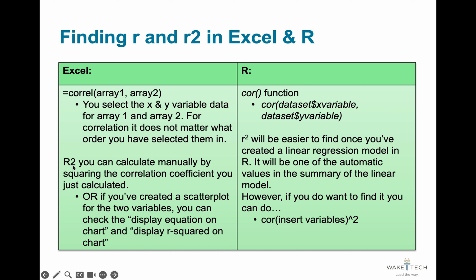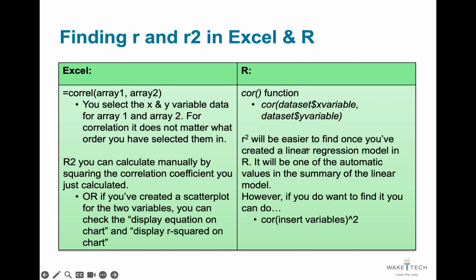You had to manually calculate R squared by squaring that R correlation coefficient that you found, or we saw it on the scatter plot. We can also do this in RStudio using the cor function, and you would select your x variable and your y variable.